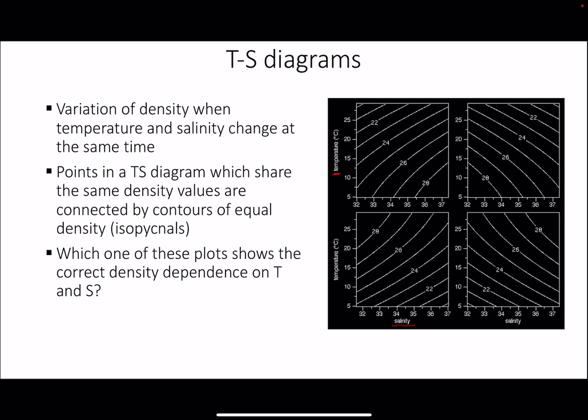And these values are 22, 24, 26, 28, which means these are sigma values, and they're in kilograms per meter cubed. But the question is, which one of these TS diagrams on the right is actually correct? So if you think about it, what happens when temperature gets colder?